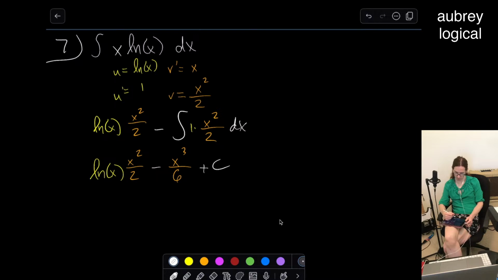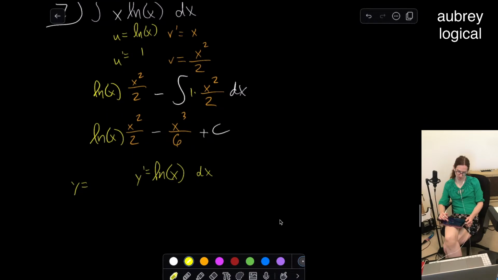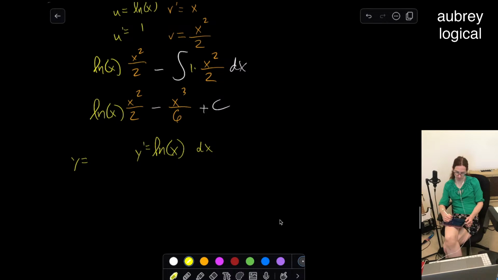Let's try it the other way. I just don't know what the antiderivative of ln of x would be. Like, oh, that would be, yeah, that's an integration by parts. Duh.